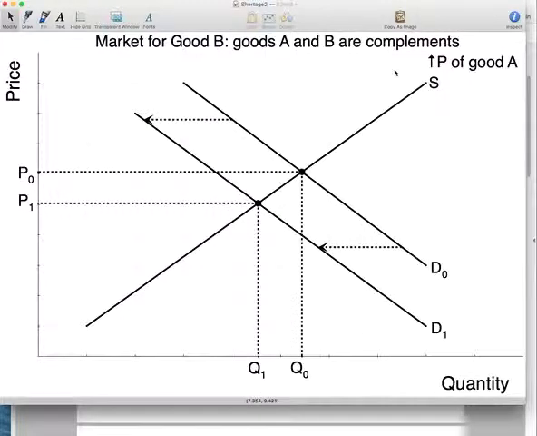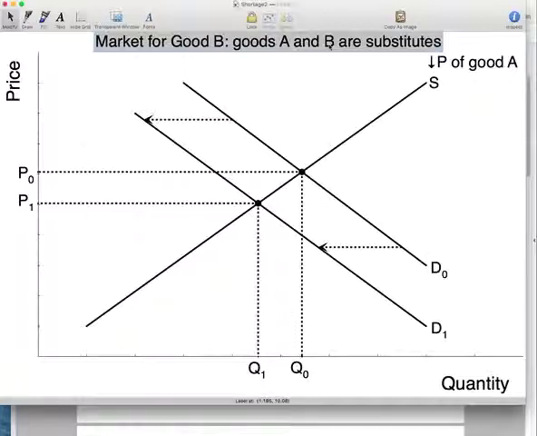Let me change this scenario around again and change them from complements to substitutes, and also have this being a decrease in the price. We end up getting the same exact graph because if there is a decrease in the price of good A, and this is the market for good B, people will substitute away from B and over to A because of the fact that A is less expensive than B and they can be substituted for one another.